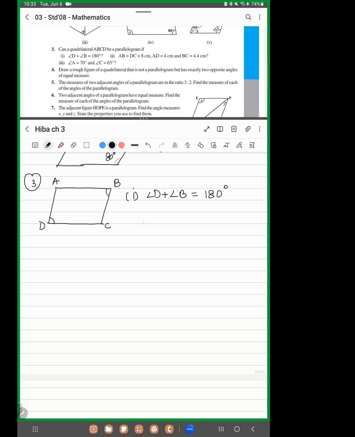Very good. So in this answer, you have to write that it can be a parallelogram if angle B is equal to angle D is equal to 90 degrees, then angle B plus angle D is 180 and it is a parallelogram. Okay?